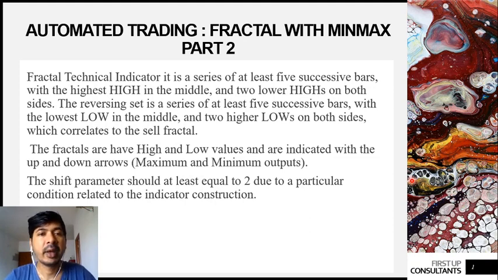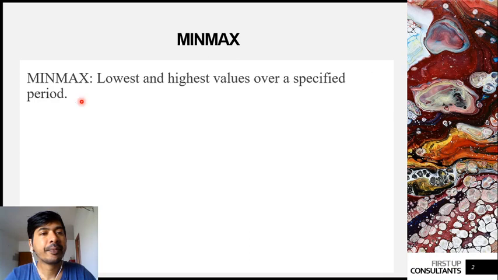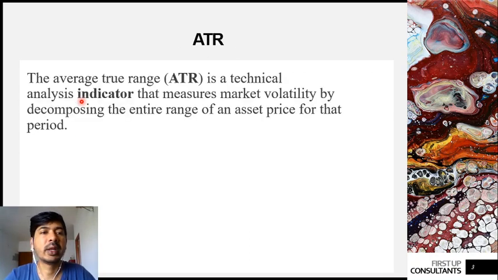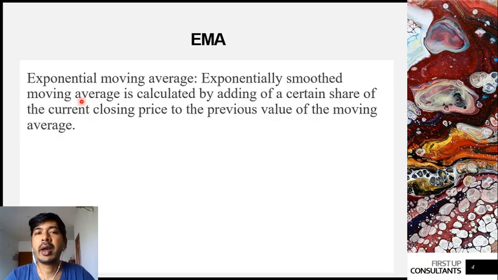We are continuing to work with the fractals along with the min-max, and this is the second part of the series which we started yesterday. This is the technical description of the fractals and the min-max for optimizing purpose, the ATR for entry and exit. Today we are going to do further optimization to help us determine the trend of the underlying instrument.